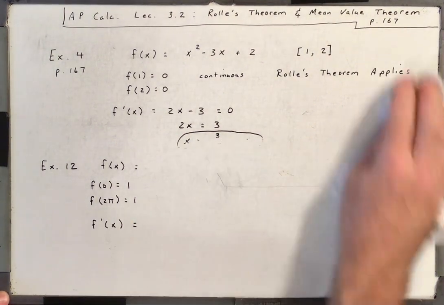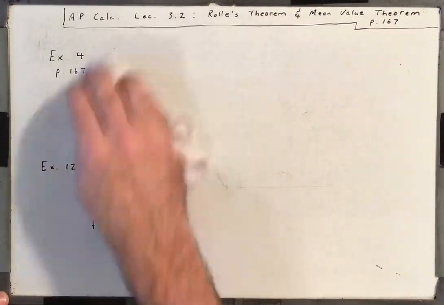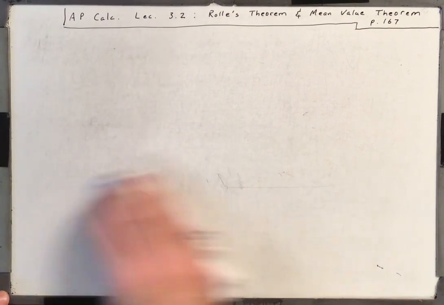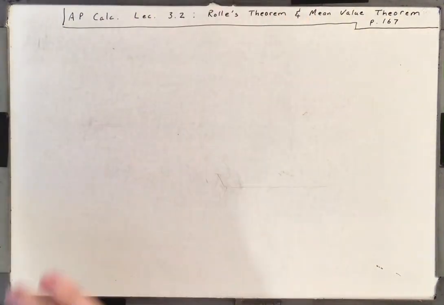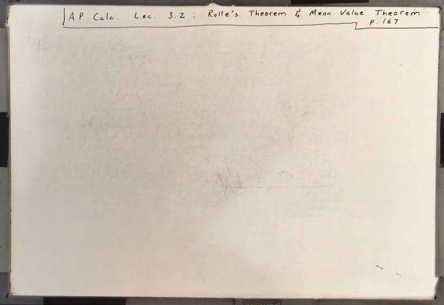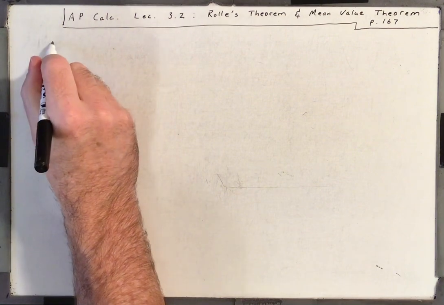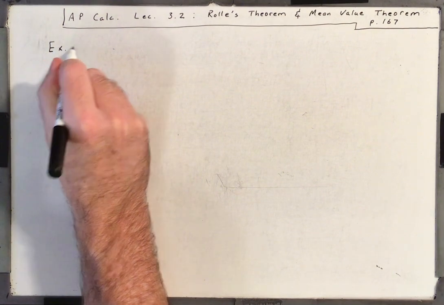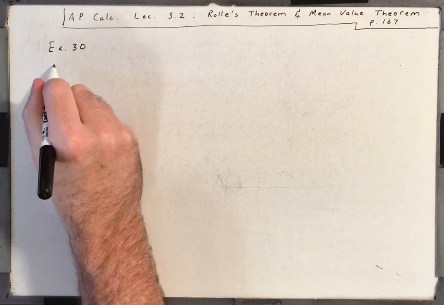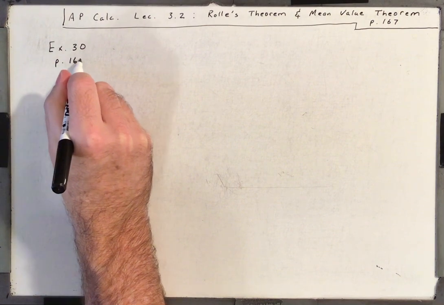Okay, let's take a couple of examples from the textbook concerning the mean value theorem. So we're going to work number 30. So that's over a page on page 168.